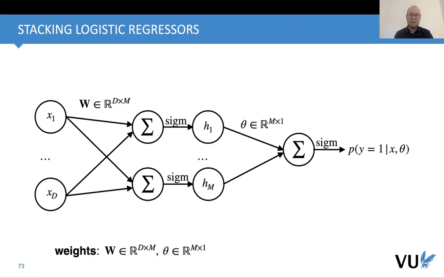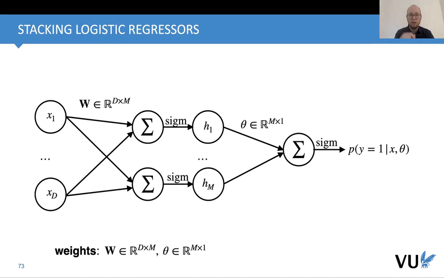And so this is what, of course, we can do. Right now, we will just say that between our original input and the output, we can put logistic regressors. Every single logistic regression in the middle will have its own set of parameters or weights.